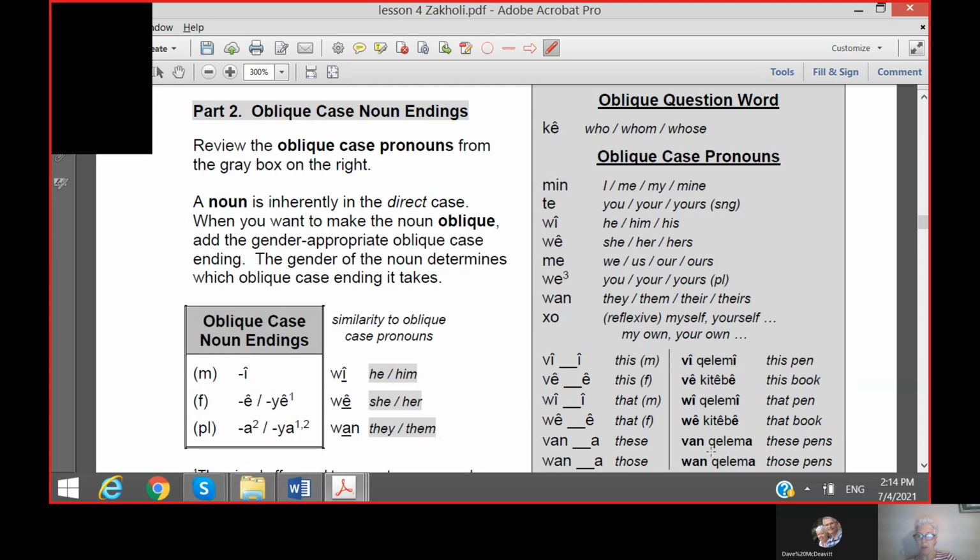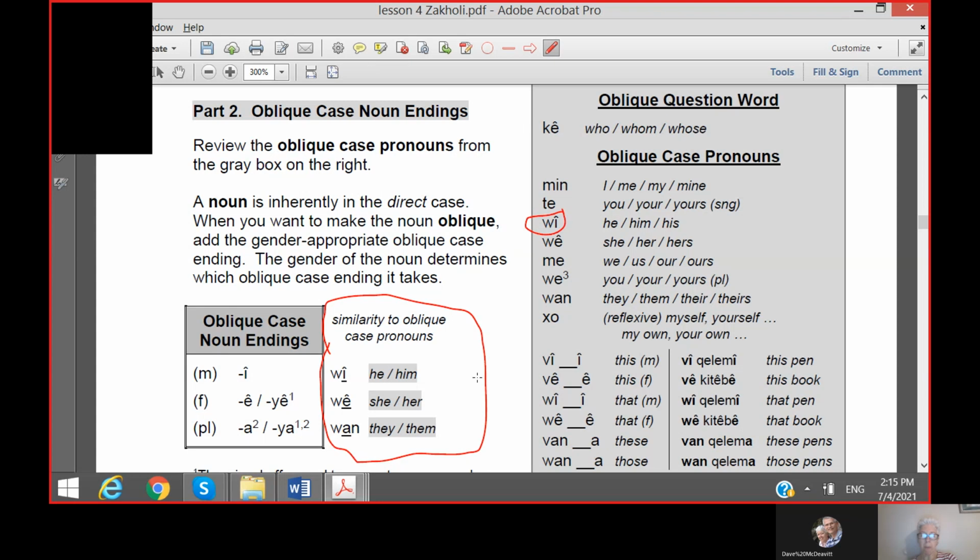If a word is plural, then it takes the A ending. Now, how are you going to remember what the oblique case noun endings are compared to the izafe endings? I like to think of it in this way. These oblique case noun endings have a similarity to the oblique case pronouns. So what's the oblique case pronoun for he or him?